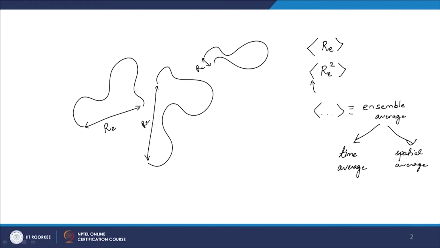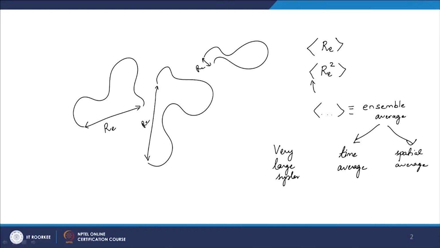One of the principles of thermodynamics or statistical mechanics that becomes very handy here is, if I look at very large systems, then the time average becomes equal to the spatial average, which again becomes equal to the ensemble average.